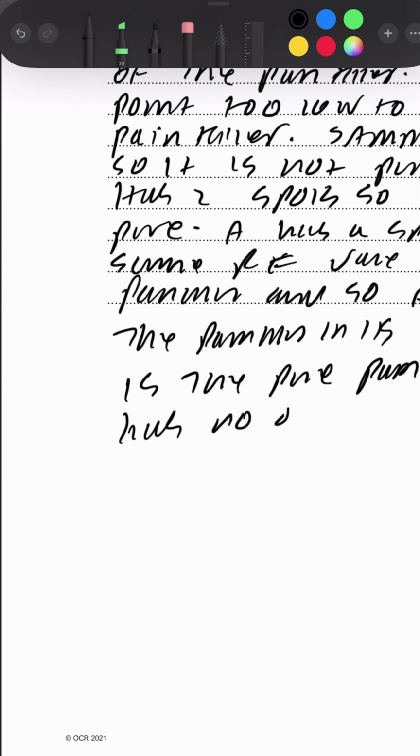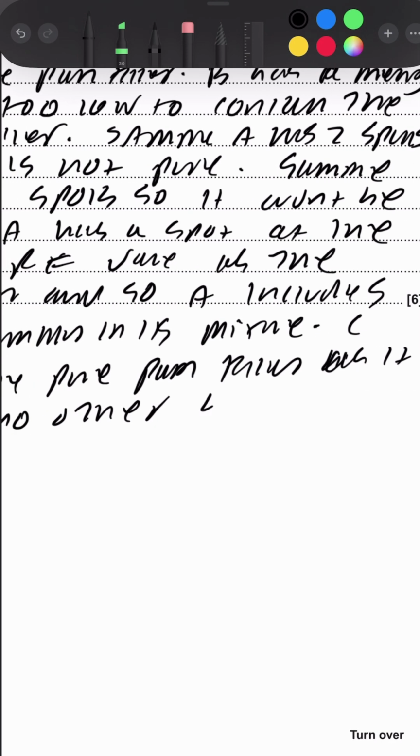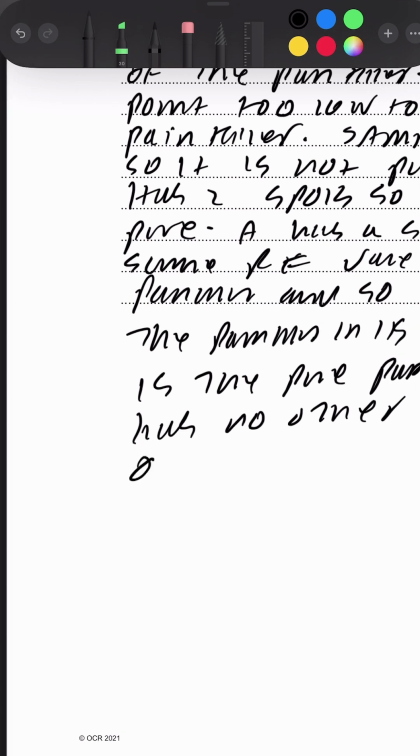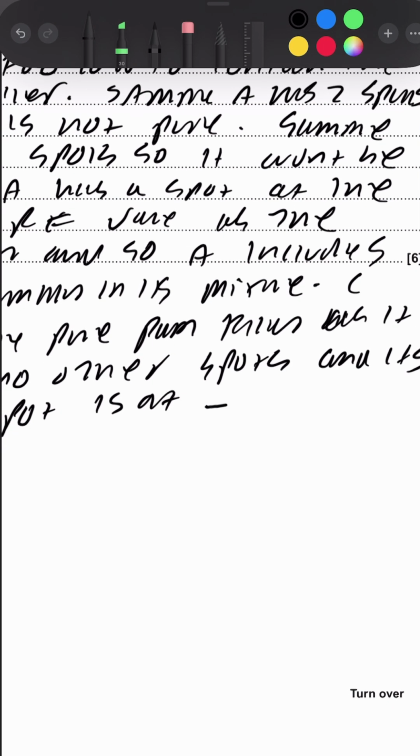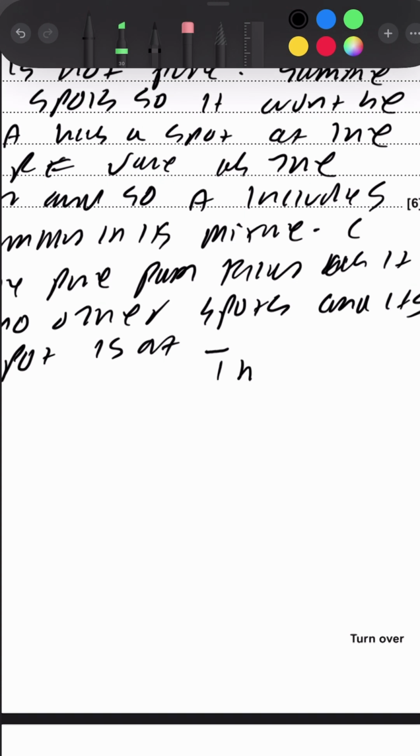And A has a spot at the same RF value as the painkiller, and so A includes the painkiller in its mixture.